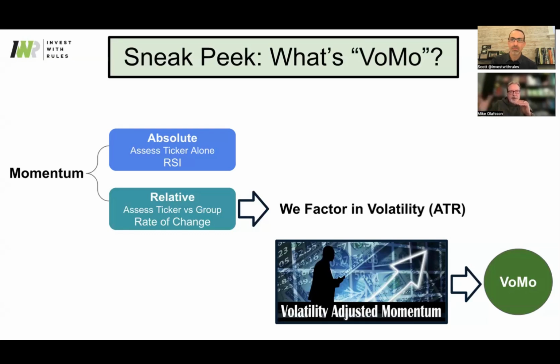I'm sure you all have heard us talk about that several times. It's basically how a stock moves on any given day, up or down, and we turn it into a percentage. We factor it into the rate of change, momentum, relative momentum, which gives us our calculation for VOMO. Not going to go into the nitty-gritty mathematics of it, but the bottom line is VOMO is that expression for us of momentum that smooths it out for volatility.